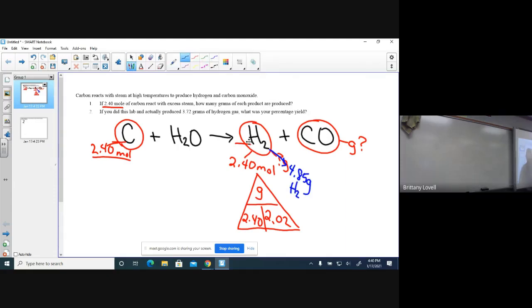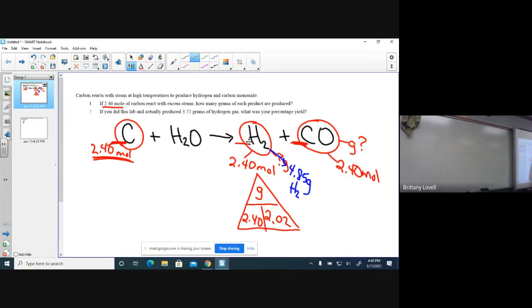Now they're wanting to know the mass of each product, so I'm going to go ahead and do this for my carbon monoxide too, my CO. And again, I'm going to look at my ratio of carbon to carbon monoxide. What's that ratio? It's 1 to 1 again, which means that if I have 2.40 moles of this, I've got the same moles of this.